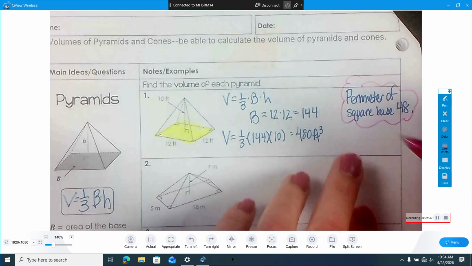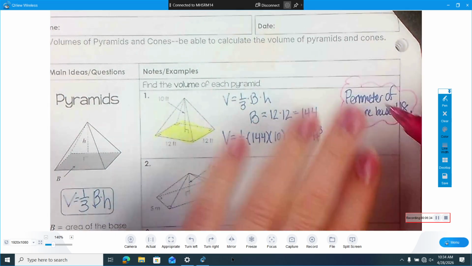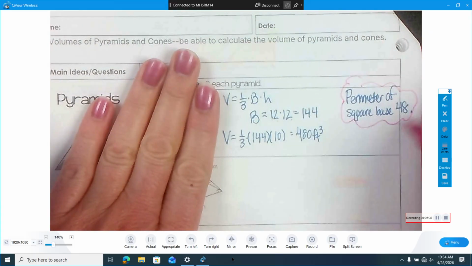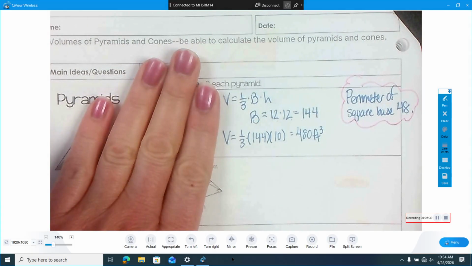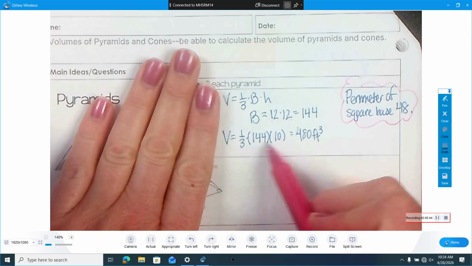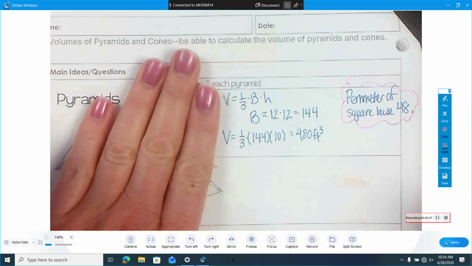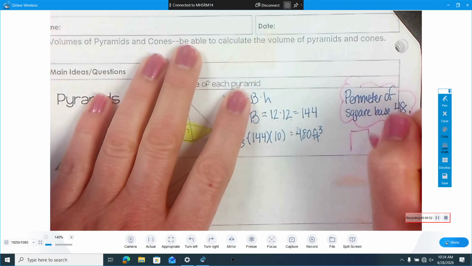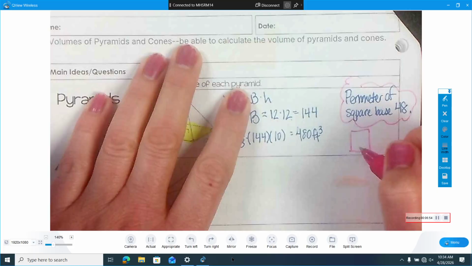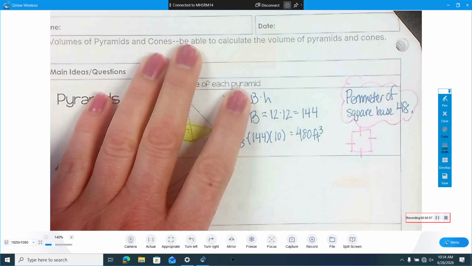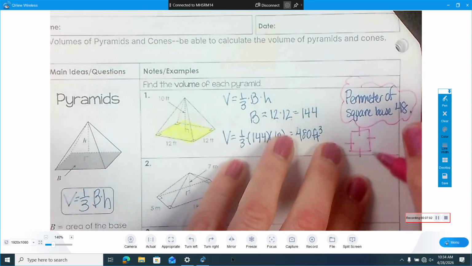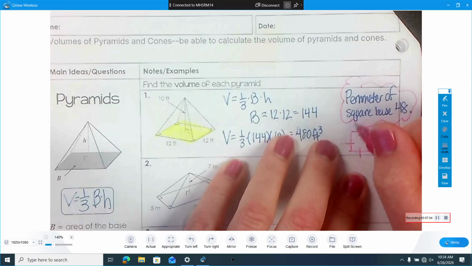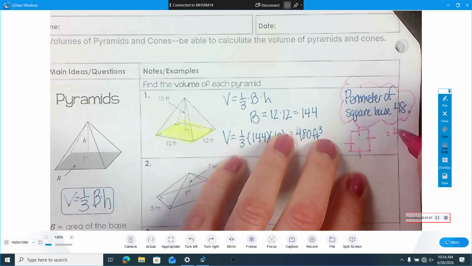If they just told you this and you had no picture, what would you do with your square base? Could you draw a square? Okay, and if it's a square, all 4 sides are the same length? That's true, right? And so all these things have to add together to equal 48.